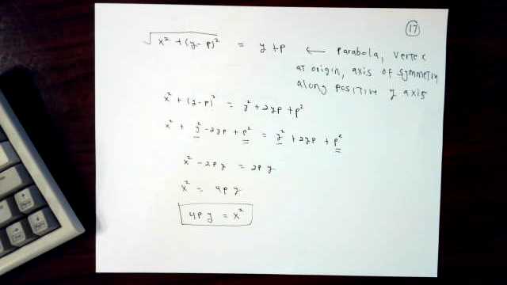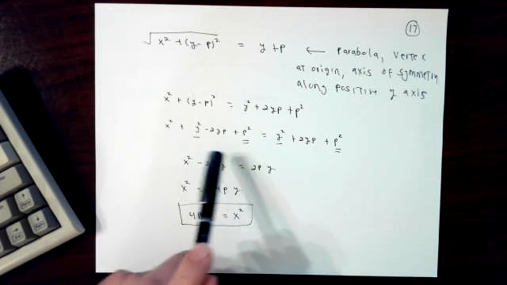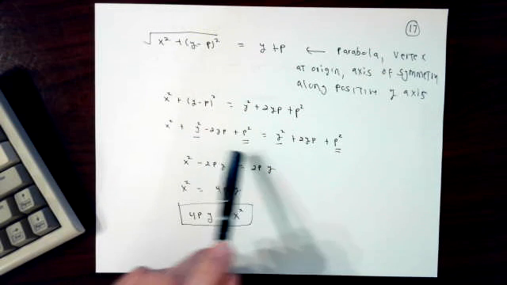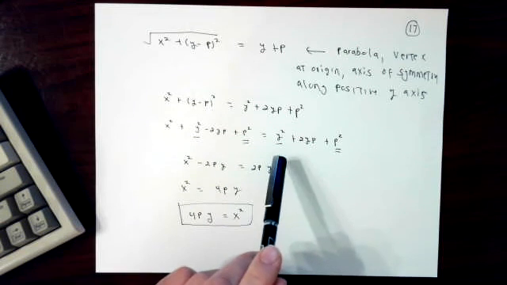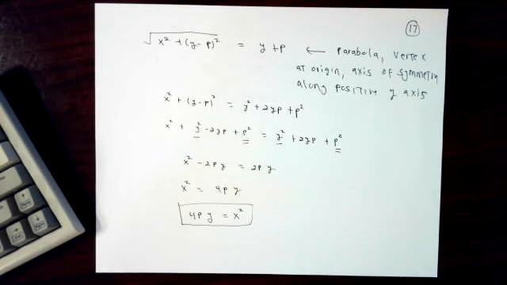Square both sides, and then write out what (y minus p) squared is. It turns into x squared plus y squared minus 2yp plus p squared equals y squared plus 2yp plus p squared.